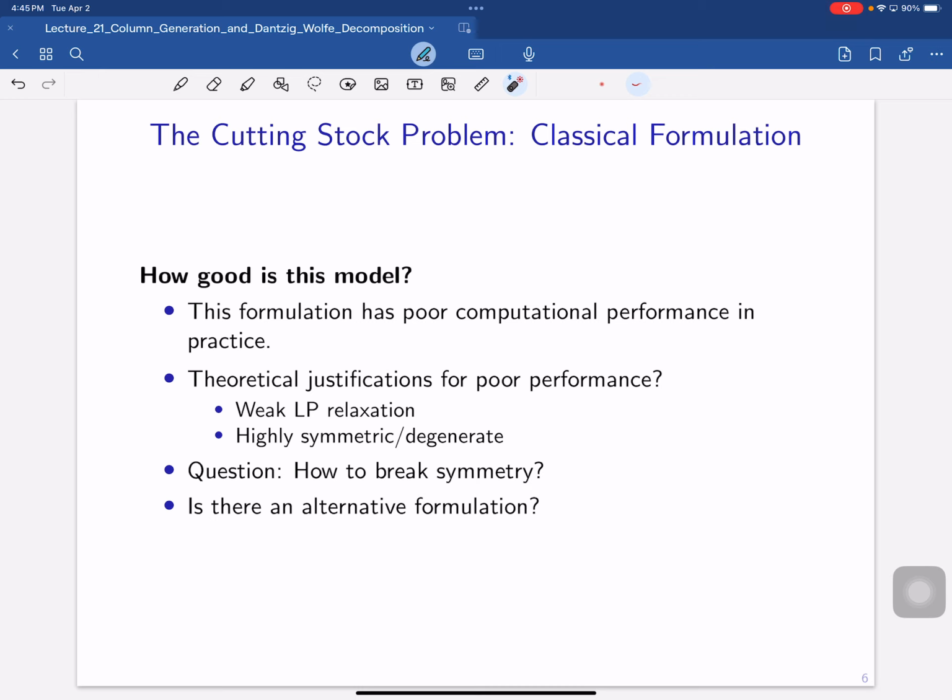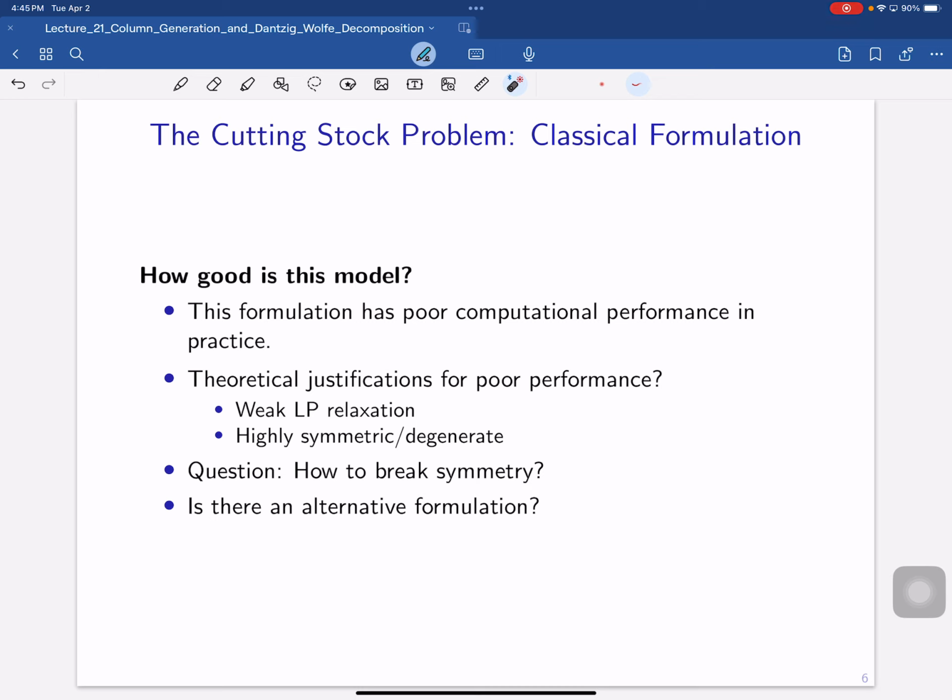And if you switch these two rows, you get the same solution. So now the question is, how do we break symmetry? In other words, is there an alternative formulation? We will introduce a formulation that is much better than the current one.